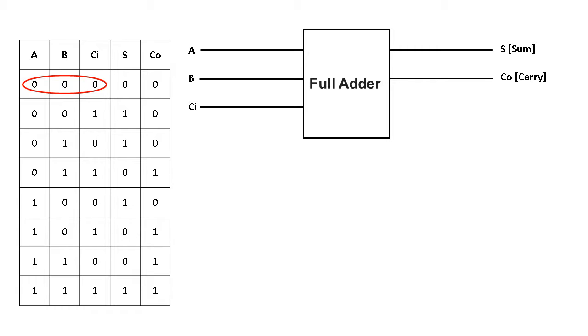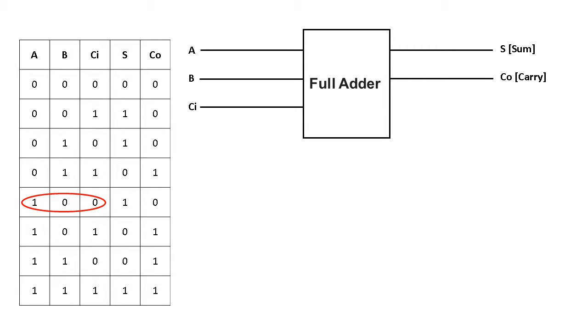So the sum will be 0. 0 plus 0 plus 0, the result is 0 as sum. In the second row 0, 0, 1, the sum is 1. In the third row 0 1 0, the sum is 1. And in the fourth row 0 1 1, the sum will be 0. Along with the sum you can observe the carry is 1.